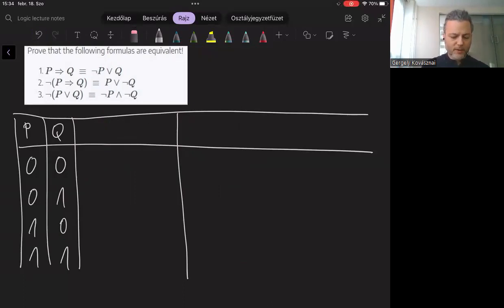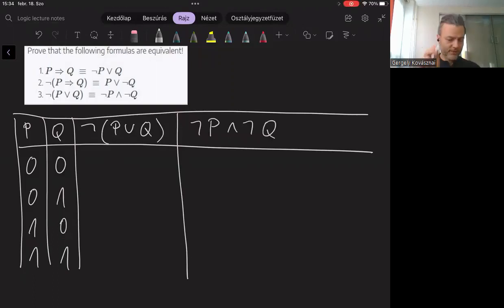The first formula is not P or Q. The second formula is not P and not Q. Actually, this is a very famous equivalence. So, this was a spoiler. Those two formulas are equivalent.